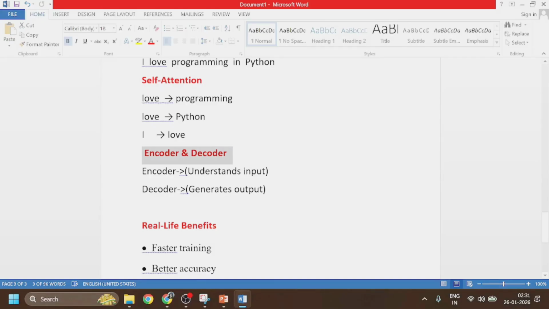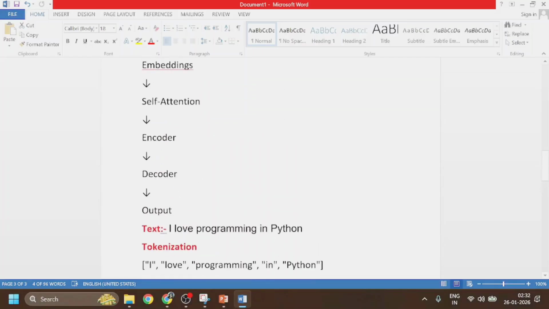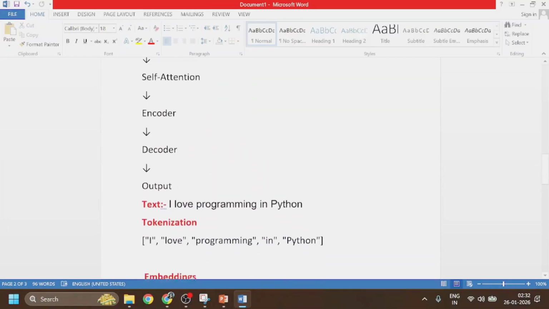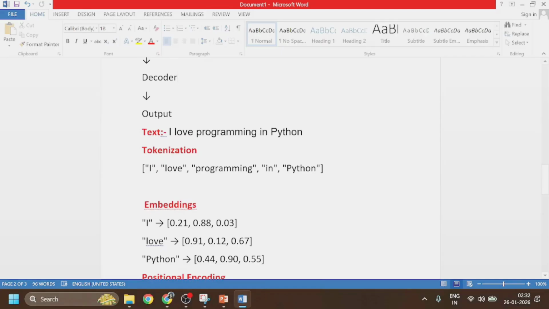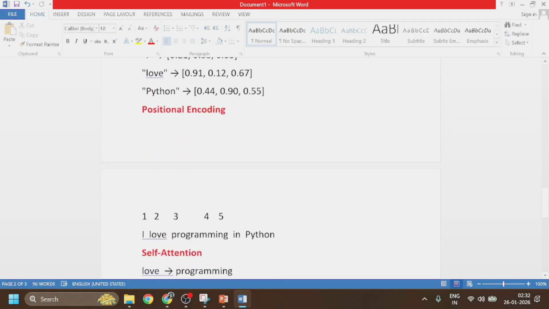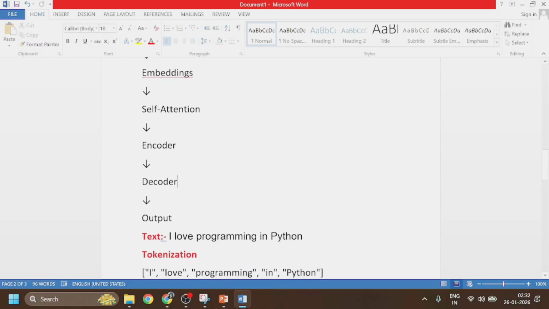The encoder understands the sentence and the decoder generates the translation. Together, these two form the transformer. And after this we get our output.